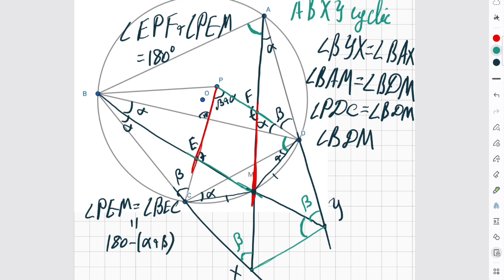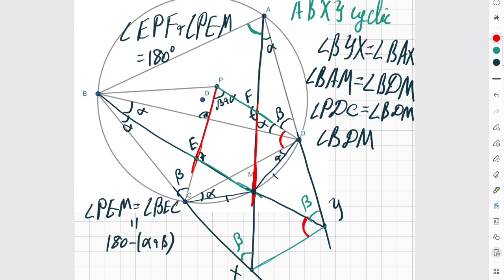In the end, we found that angle PDC, this angle, let me show it with red color here, is equal to angle BYX, or we can even say MYX.